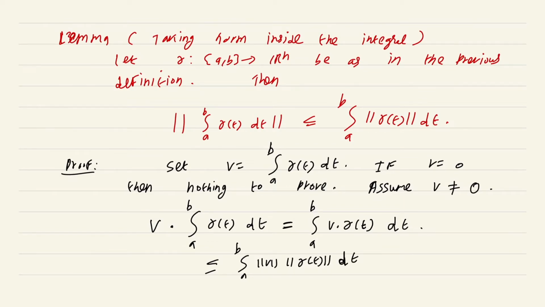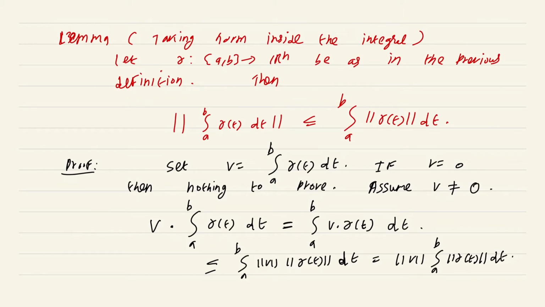Here I'm using various basic properties of the standard Riemann integral. I want you to check that this is correct. This is just Cauchy-Schwarz, and this is just norm v times the integral from a to b of norm gamma of t dt. I'm just taking the norm v outside.